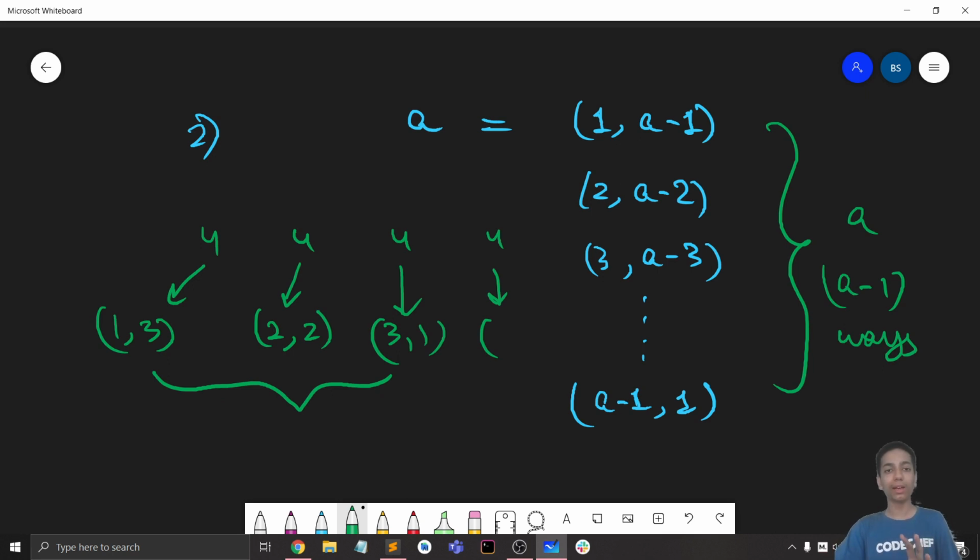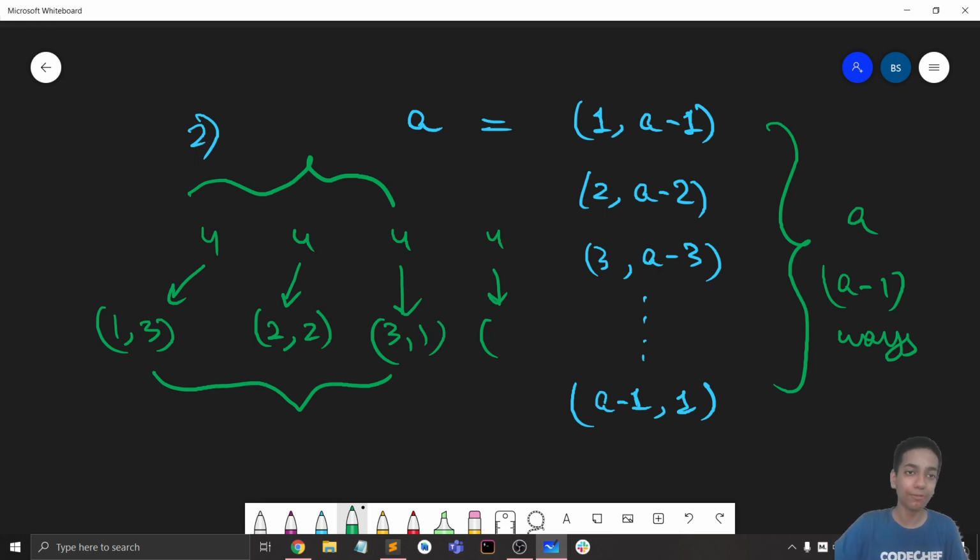And now if I encounter another 4, that is after 3, there's no way I can split it into something unique, right? So I again have to split it into 1 comma 3 or 2 comma 2 or 3 comma 1. This means that after the number of times I can split a number, which is given by a minus 1, all the future occurrences, all the further times I see that, are redundant and basically useless.